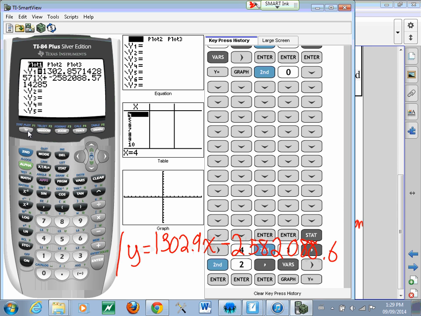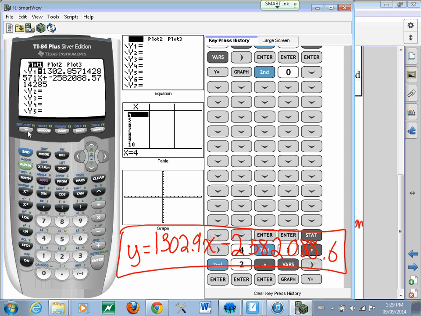That was your equation, okay? So when you deal with real numbers, it's not like y equals 3x plus 5. When you're dealing with real life situations, your numbers are going to be bigger, and quite often they'll have decimals in them. All right, so that was the equation that you should have gotten for that exercise.